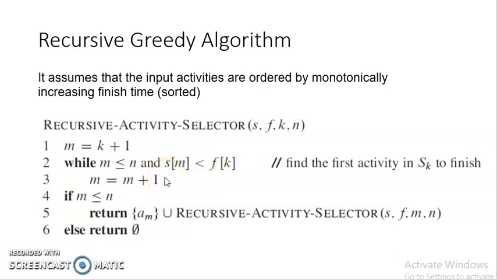You'll keep on traversing the list until this condition is satisfied, that is, the start time of the next activity is greater than or equal to the finish time of the previous activity. Once you have found an activity that satisfies the compatibility constraint, you'll add that to your solution and call this method on the rest of the activities. So this was the recursive solution.